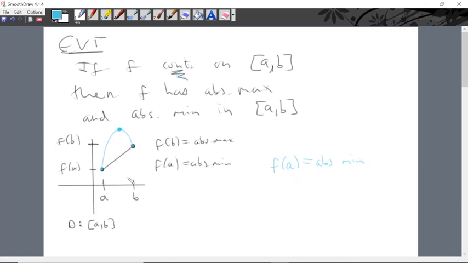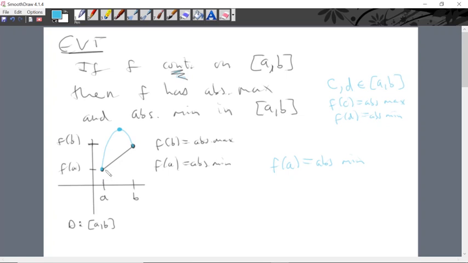Well, the theorem says that within the interval a to b, there must exist a value c and a value d contained within the closed interval such that f of c is the absolute max, and f of d is the absolute minimum, for example, or we could exchange those. We're saying that there are 2 values within a closed interval here.